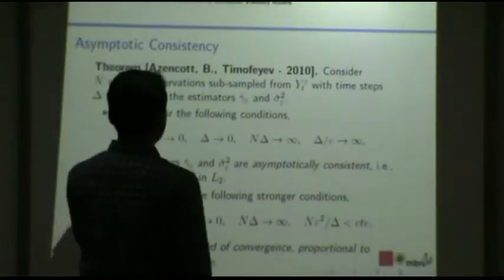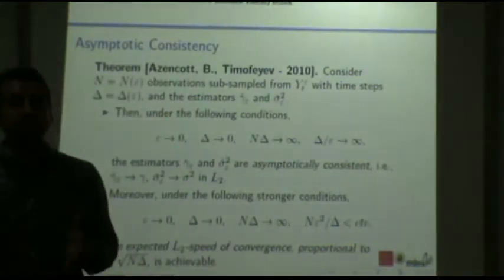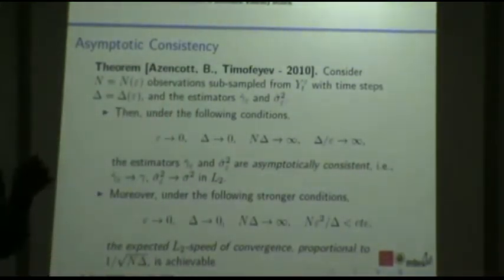So delta and epsilon both go to 0, but delta should go to 0 at a much slower rate than epsilon. You don't want to look at too granular a scale in this approximating process, because the approximating process and the true unobservable process differ in the small-scale properties. That's where the difference is.